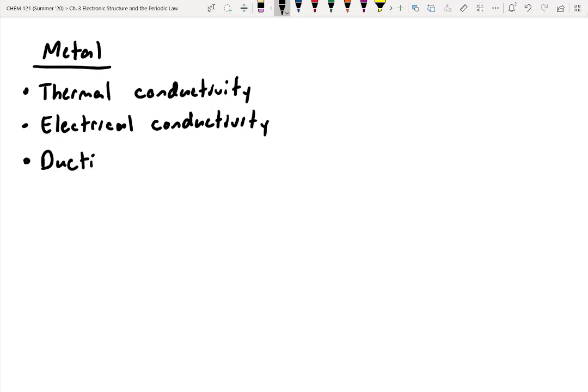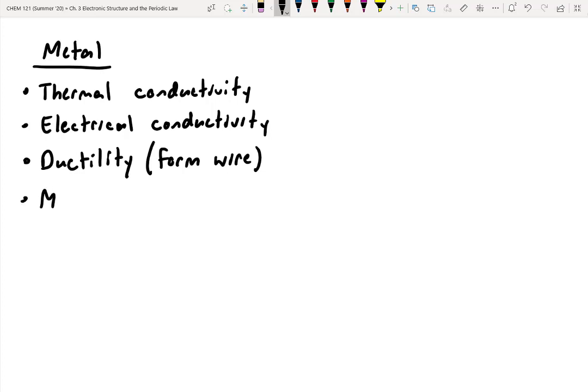It's ductility. And what this means is that you can form a wire from it. So with most metals, you can actually draw them out, kind of like copper, and form a wire. There are some that don't quite do this. In fact, there are some that are actually liquid, like mercury. But for the most part, most metals can be drawn into wire.